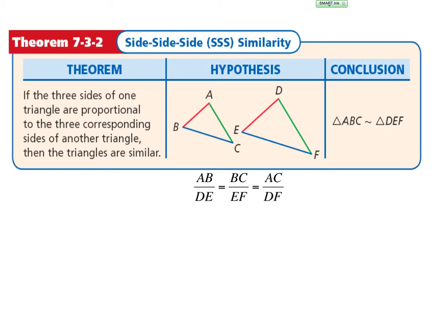So if we have AB over DE, which equals BC over EF, which equals AC over DF. If all those sides are in the same ratio, that means they're proportional. Conclusion, triangle ABC similar to triangle DEF.